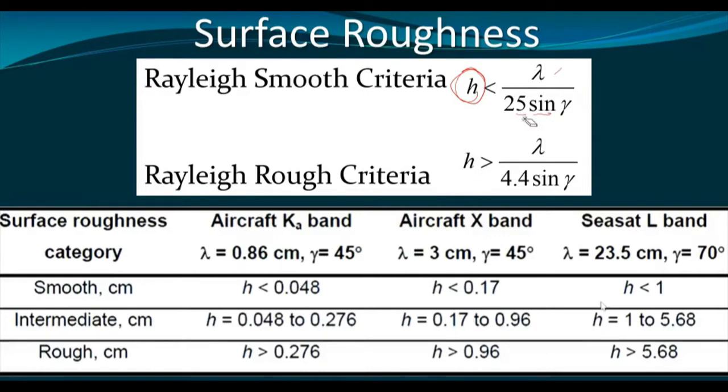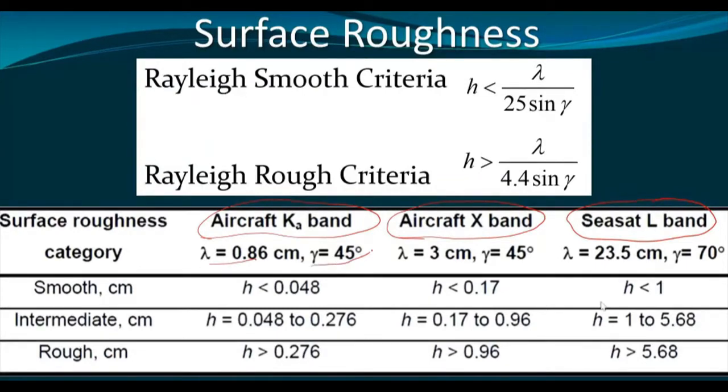And I have prepared one chart just for your understanding. This is the aircraft K-band, airborne K-band, then aircraft S-band, X-band, and satellite borne L-band. These are the wavelengths.